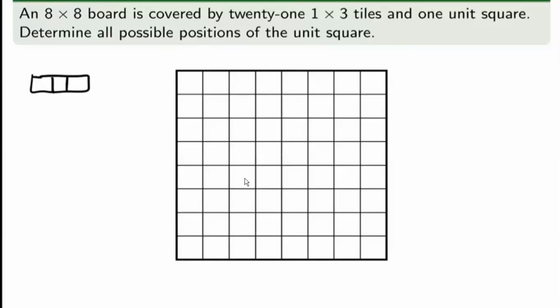Okay, so Samal has a conjecture, that the unit square should be on one of these four, the middle four squares, the middle two by two squares.